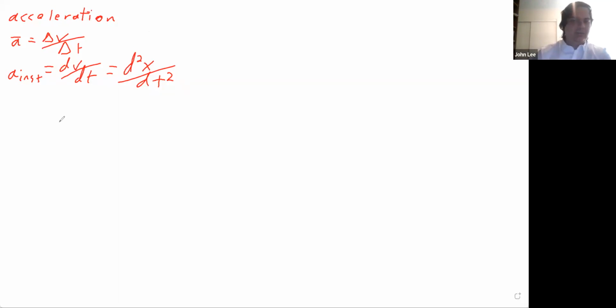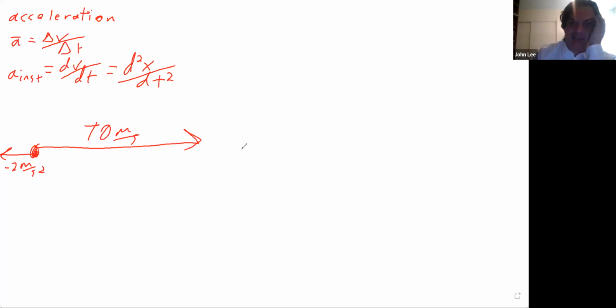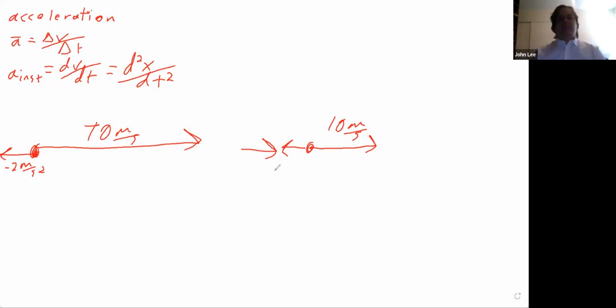All that means is, if you start out going 70 meters per second and have an acceleration of -2 meters per second squared, then as enough time passes, you're still going forward at say 10 meters per second, but it's going to be a negative change in velocity.